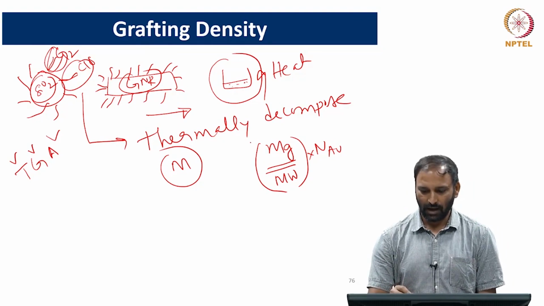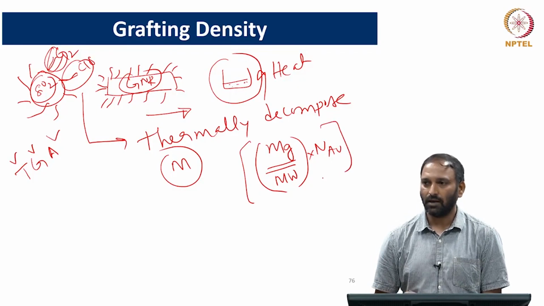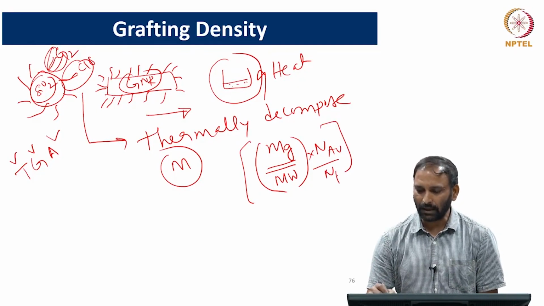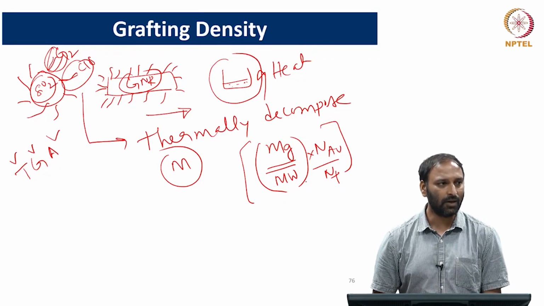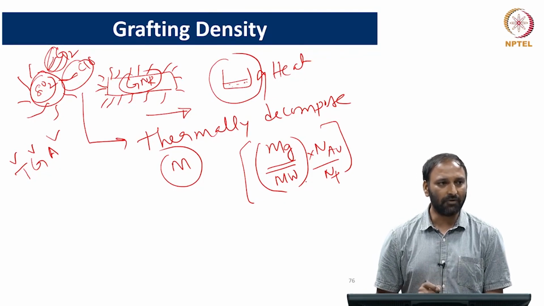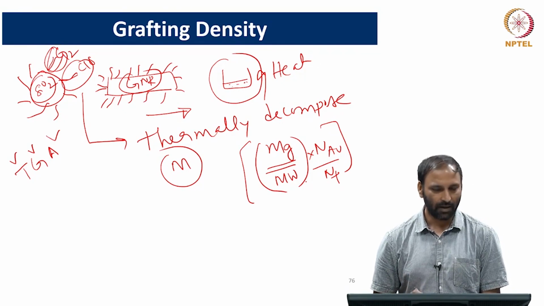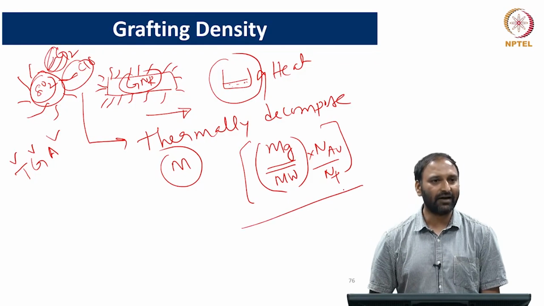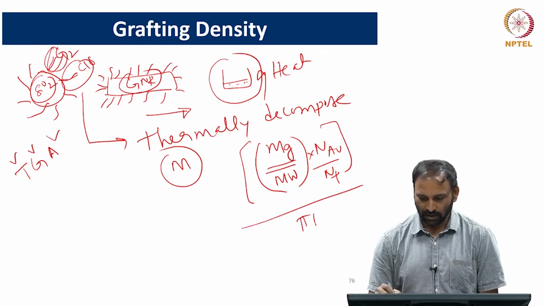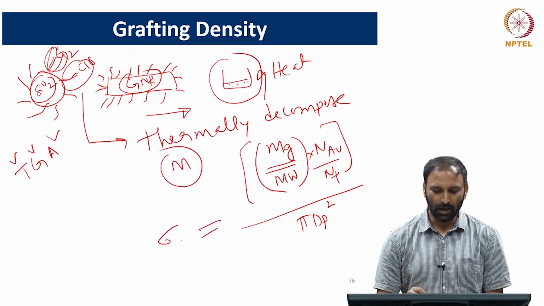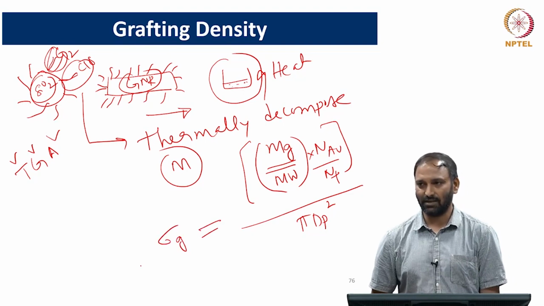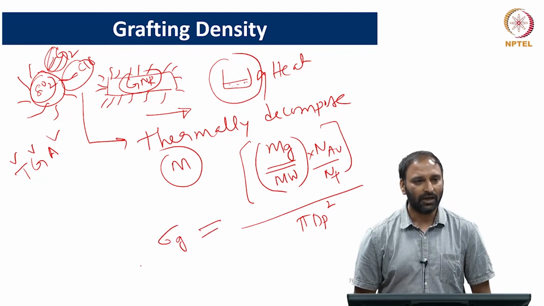I divide this by the number of particles in the sample, which gives the number of grafted molecules per particle, and that divided by the surface area, pi dp square for a spherical particle, gives sigma g, the grafting density. That is how it is typically done.